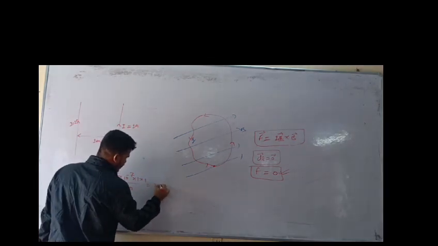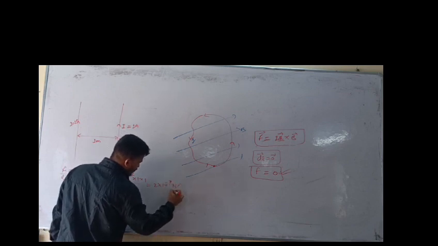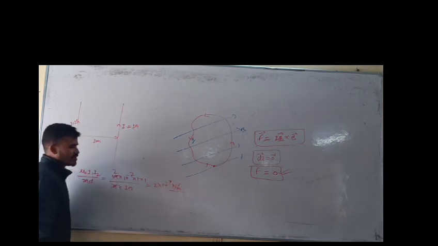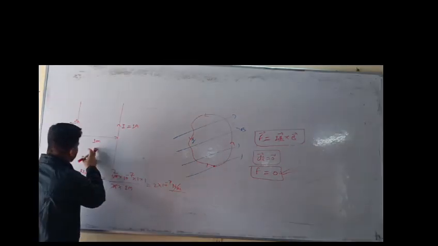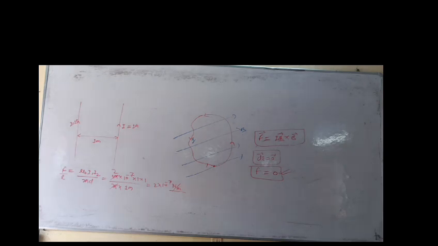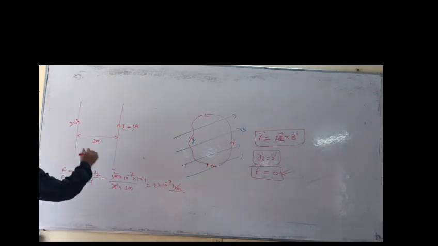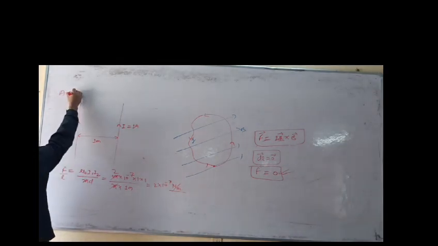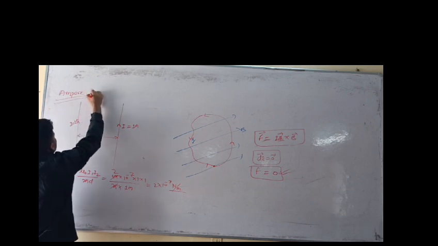Means 2 into 10 to the power minus 7 newton per meter. When this force acts between these two parallel conducting wires, then the current will be 1 ampere. This is the definition of ampere.